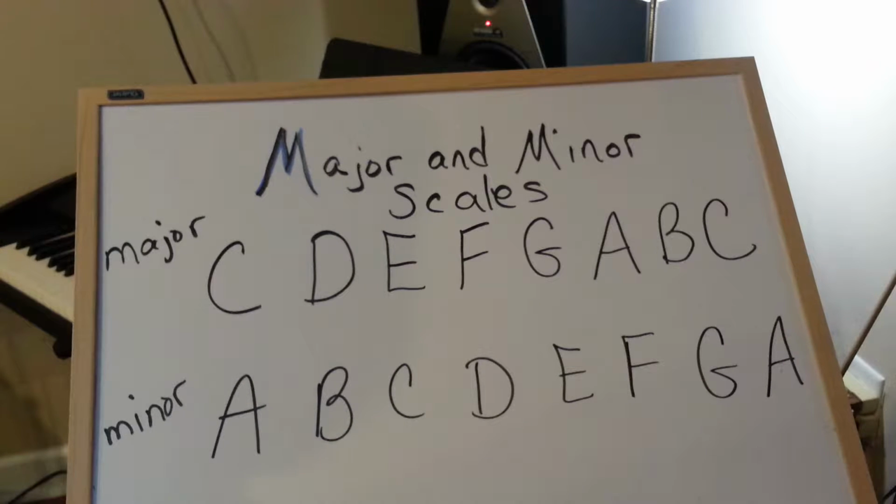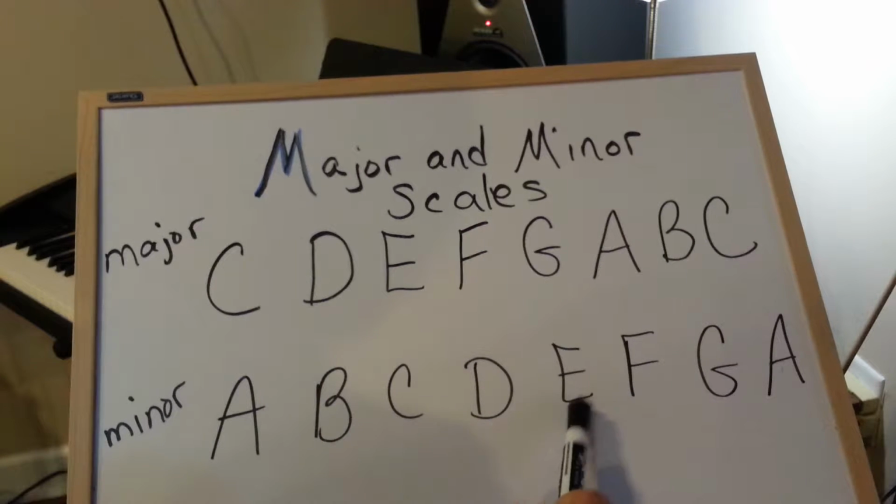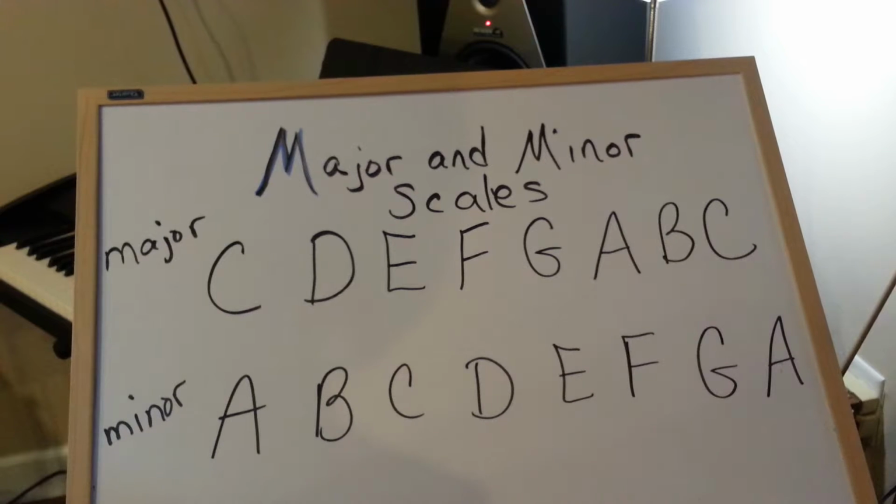And if you need a way to remember it, you simply look at the letters from A to A, and it will give you the definition for your natural minor scale. So let's say those letters together for the minor scale. Ready? Begin. A, B, C, D, E, F, G, A.